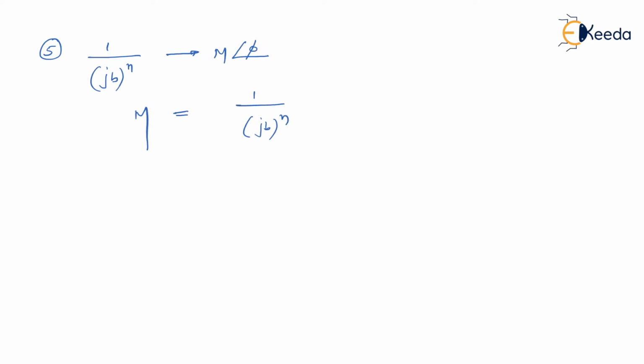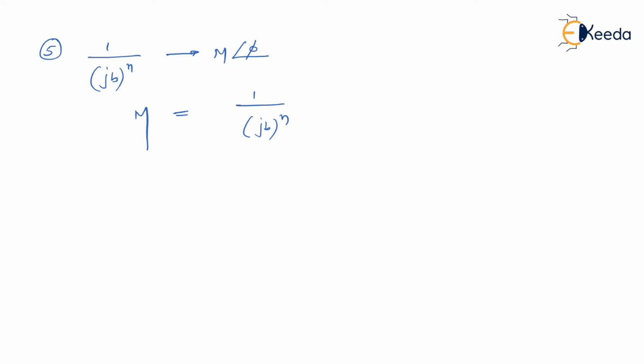In case we have this kind of pattern, 1 upon JB to the power n, then remember, if I want to again express this into M phase form, how do we do that? Very simple. Whenever you want to take the magnitude, let me write 1 upon JB to the power n.